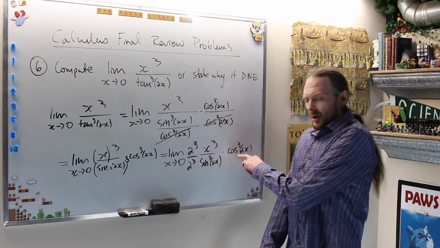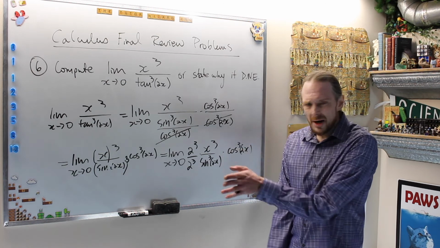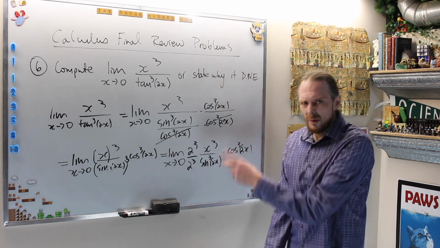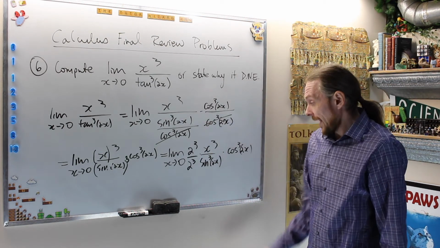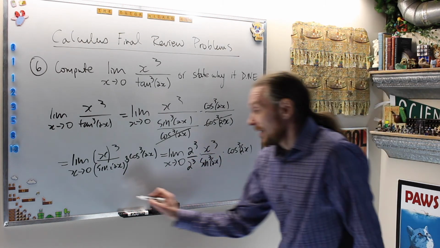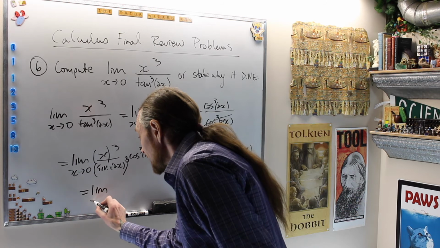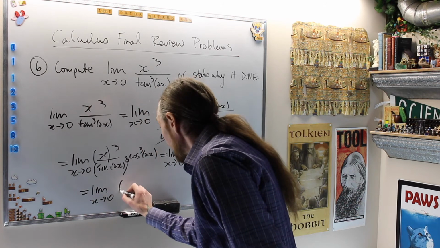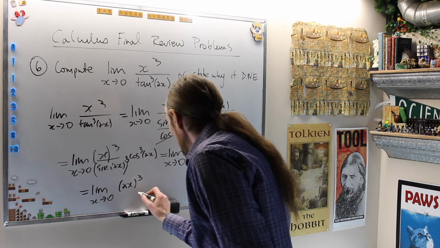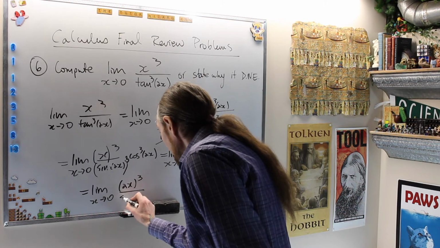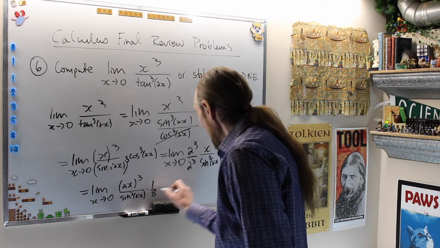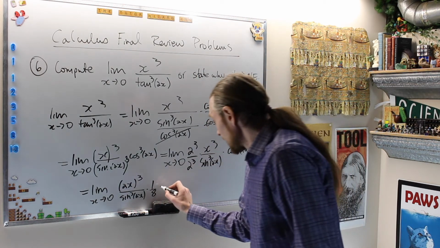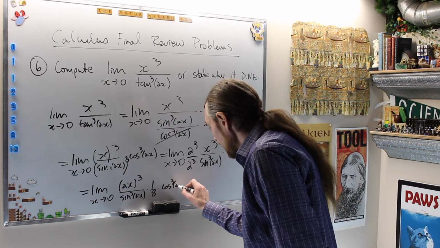I'm no longer worried about cos also, because cos of 0 is 1, so it won't be a problem whether it's on the top or the bottom. So that's just going to be 1. I'm worried about the sines. Now I can combine those guys. This is equal to the limit as x approaches 0 of 2x cubed over sine cubed 2x times 1 over 8, the 1 over 2 cubed, times cos cubed of 2x.